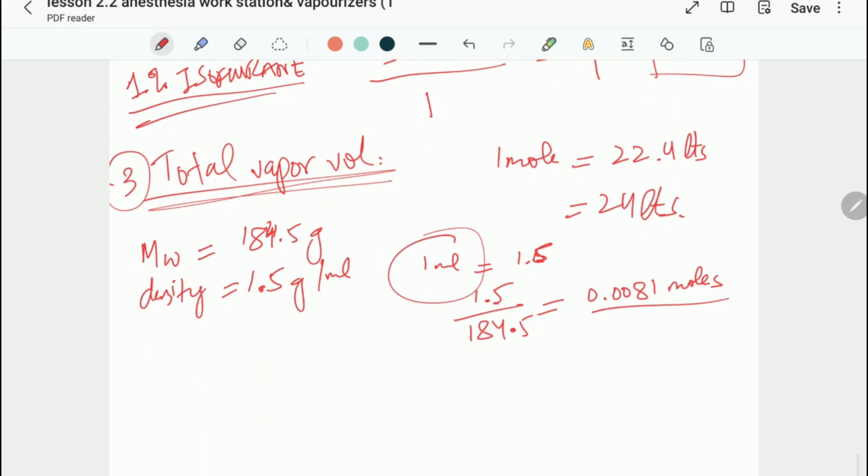Now, as we already said, 1 mole contains 24 liters. If we convert this into milliliters, it is 24,000 milliliters. So 0.0081 moles will have about 195 ml.